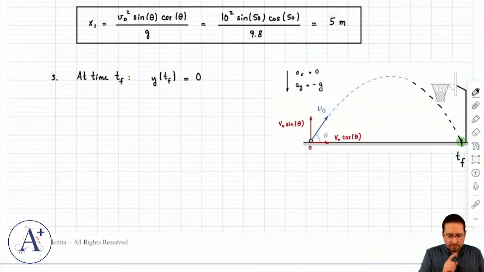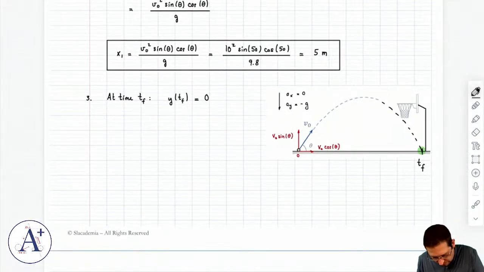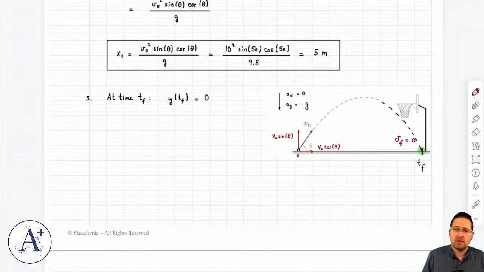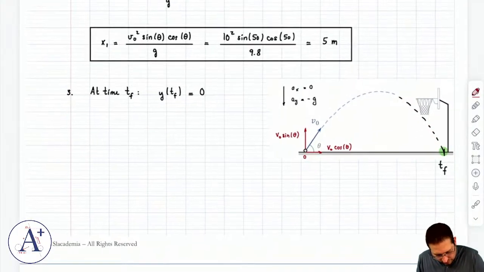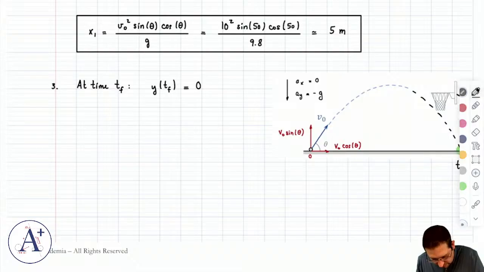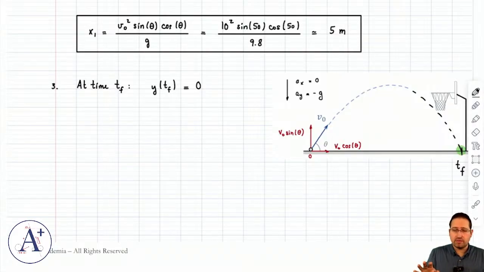What I don't say, which is very tempting, is v final is equal to 0. That is not true. We talked about this last week. The velocity upon impact is never 0. After he lands on the ground and stops, then yes, of course, velocity will be 0, but that's after the impact.